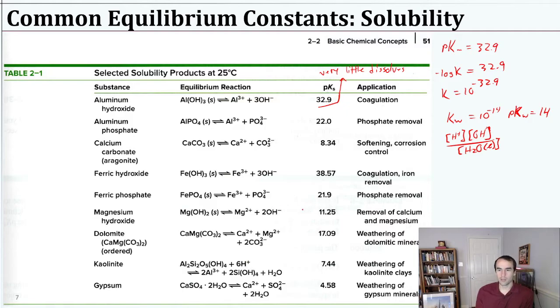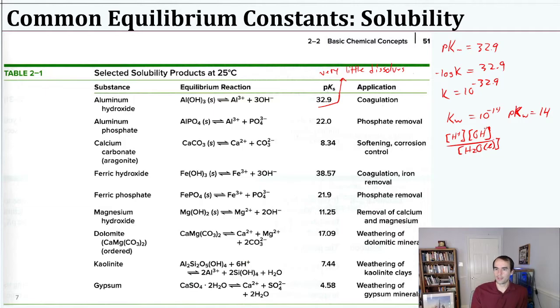Magnesium hydroxide, okay, we have some, a bit more than the water dissociation at least. This dolomite, not a lot. Kaolinite, a fair bit, and this is a bit more complex of a molecule. It's a clay. Gypsum, a fair bit of solubility here. And we actually use gypsum in our drywall.